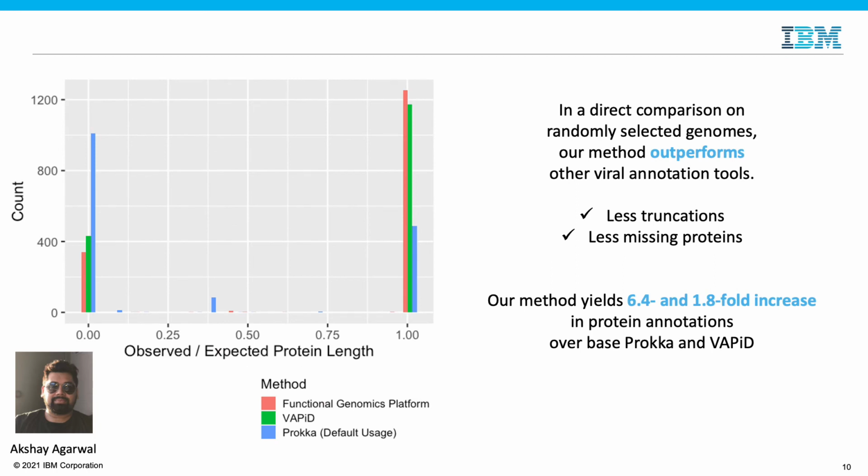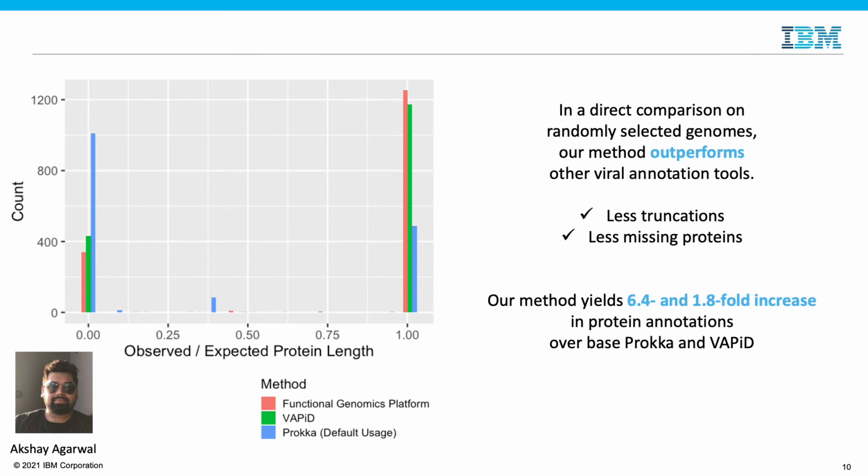As with so many bioinformatics methods, it's important to demonstrate novelty and an improvement in the field for what has actually been contributed here. This is benchmarking work that Akshay Agrawal led, where we did a direct comparison on a set of 100 different randomly selected genomes. Here we have the observed over expected protein length across three different tools: our method through the functional genomics platform, VAPID, which is a viral annotation tool, and then PROCA with off-the-shelf usage.